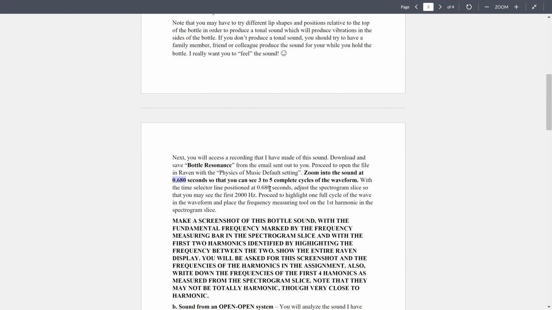And then what you're going to do is highlight one full cycle of the wave in the waveform and place the frequency measuring tool on the first harmonic in the spectrogram slice.